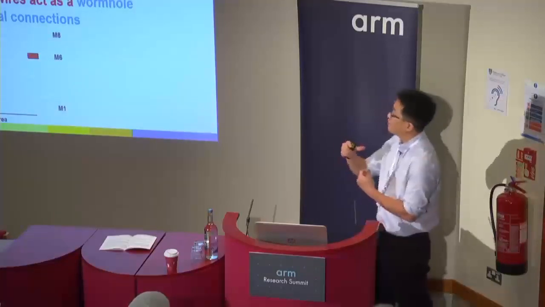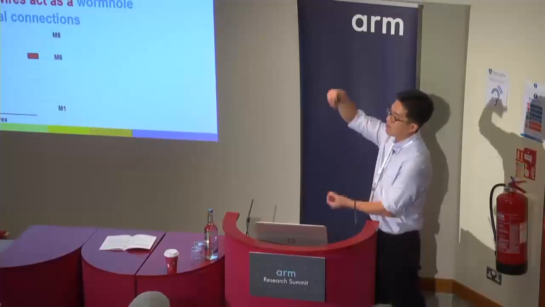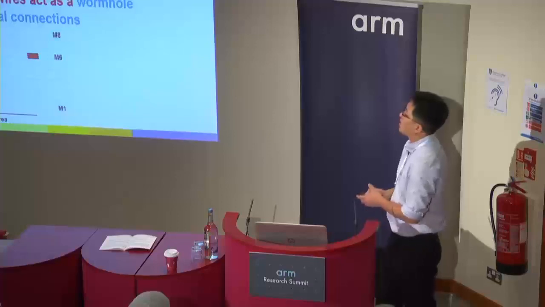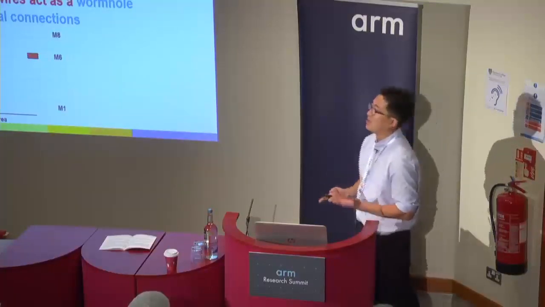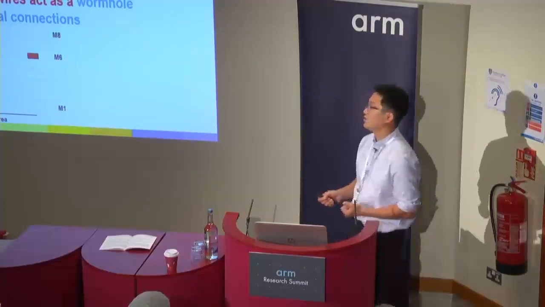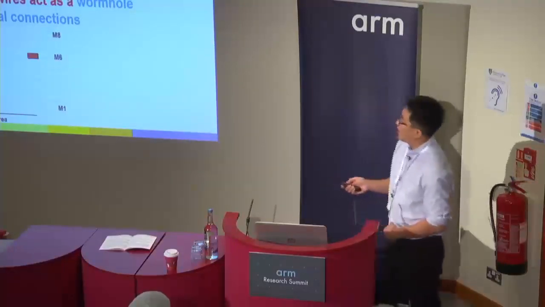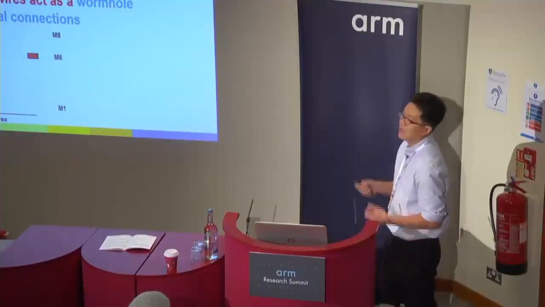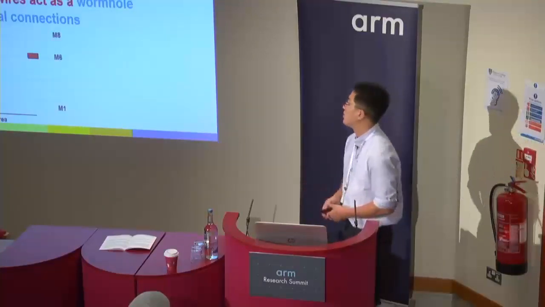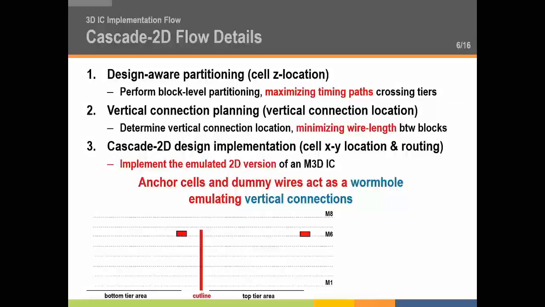They should be at the same location because they are connected with the vertical vias, and in a way that minimizes the distance between the functional blocks in different tiers. In the last step, we implement the Cascade 2D design in the EDA tool, determine the XY location, and route it.